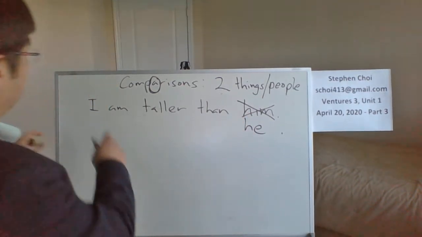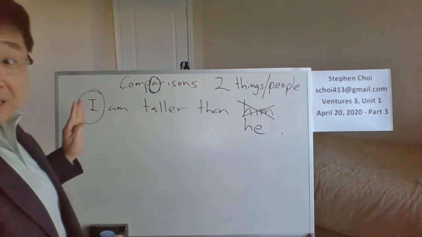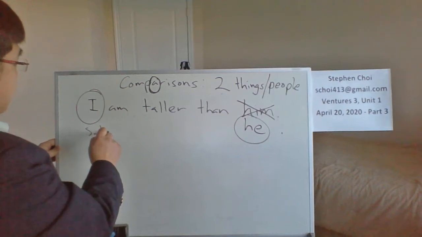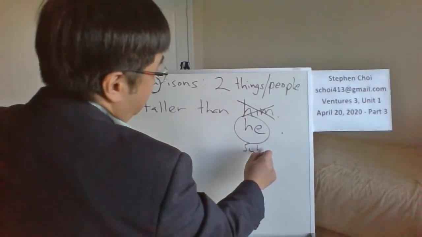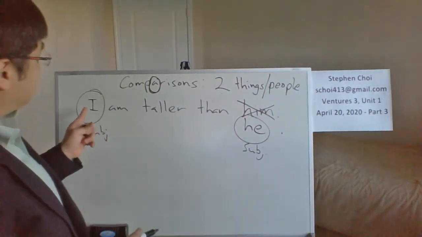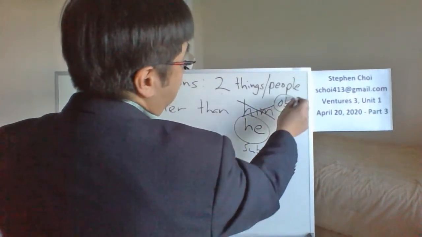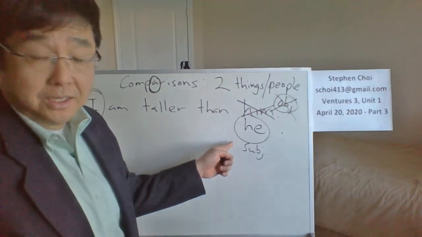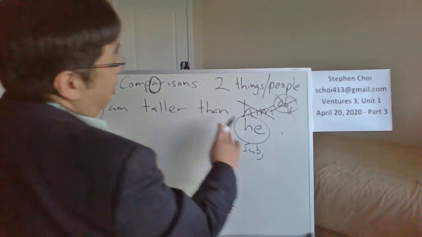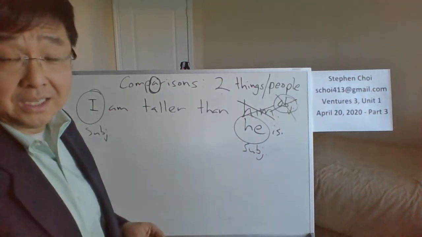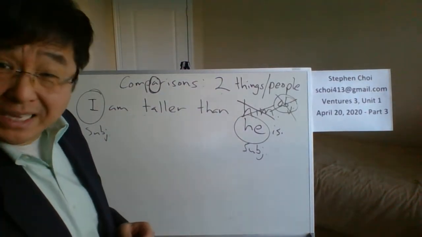Why? Because we're going to compare subject to subject. When you're comparing, you should be comparing subject to subject form. So it should really be, I am taller than he is, not I am taller than him is, right?